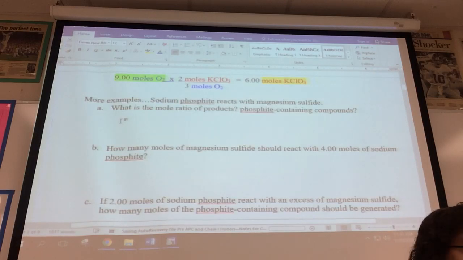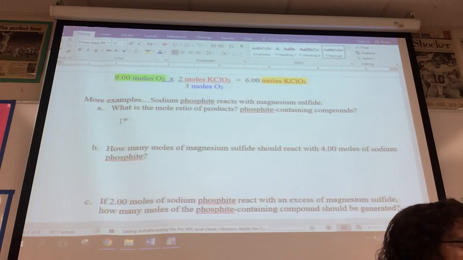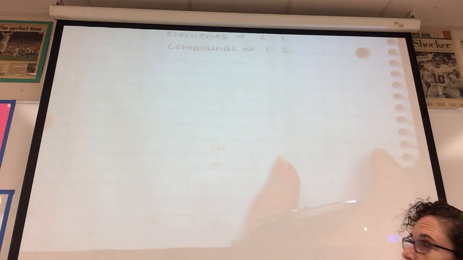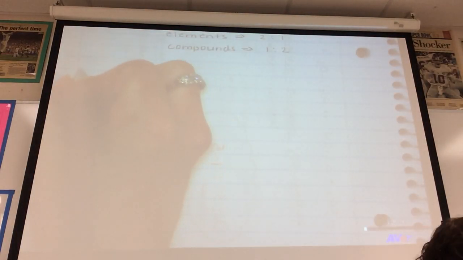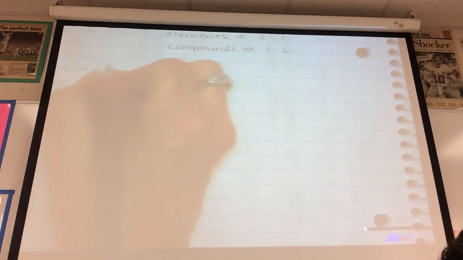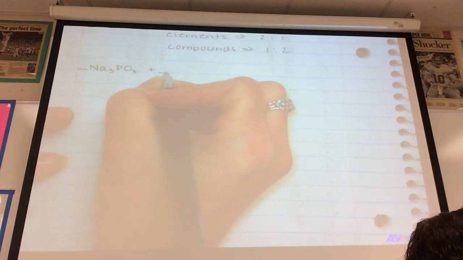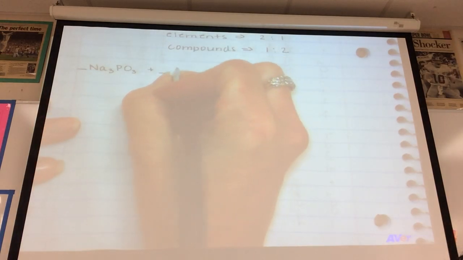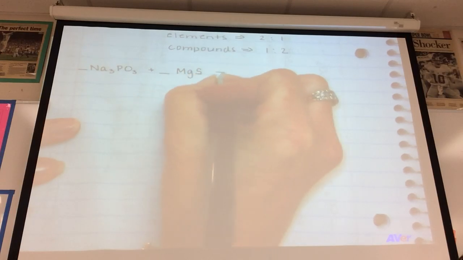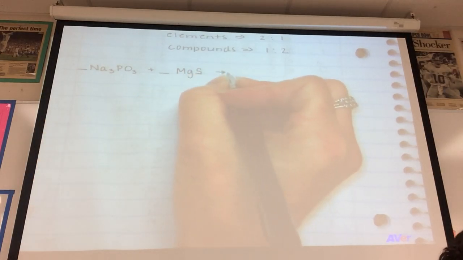Your first step is always to write a balanced chemical equation. We've got sodium phosphate reacting with magnesium sulfide. Classify that reaction.